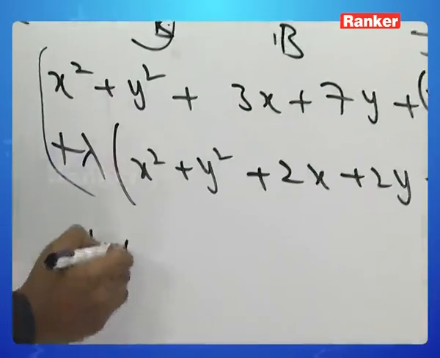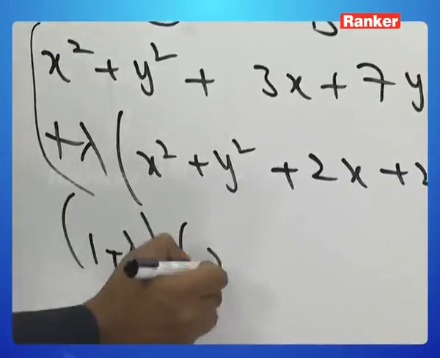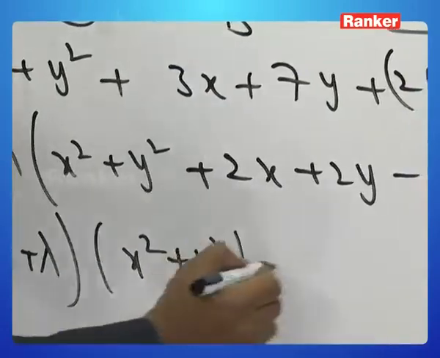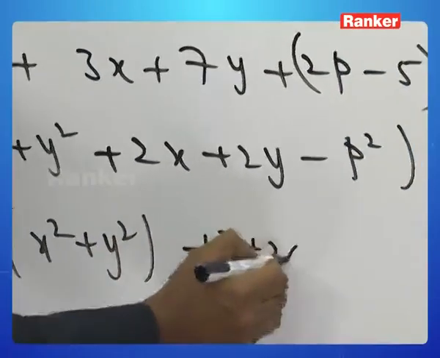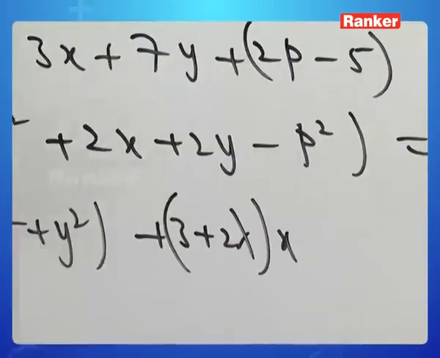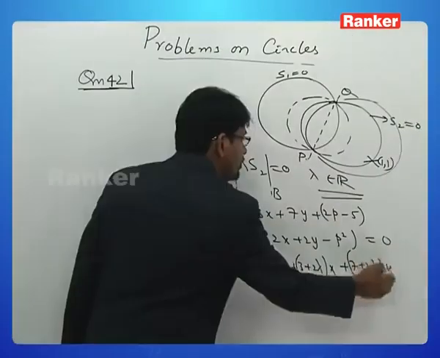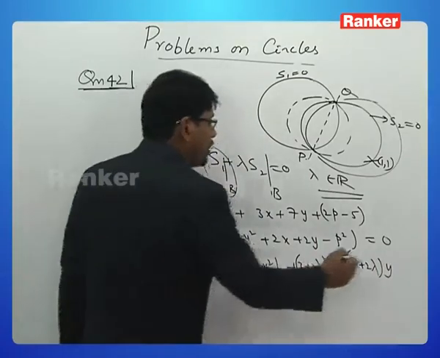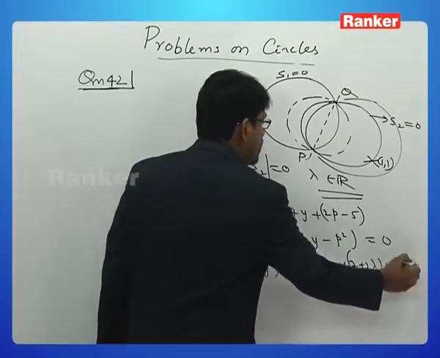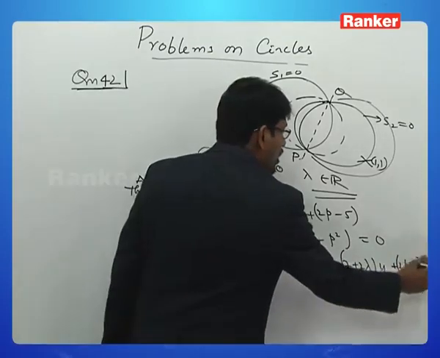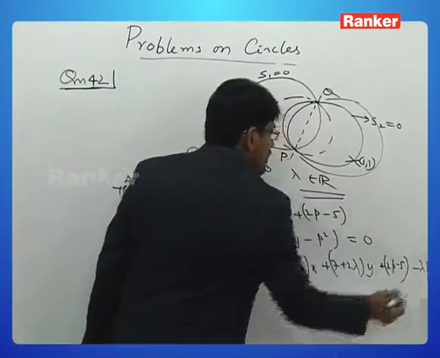This we can write in the form of 1 plus lambda into x square plus y square, and we have 3 plus 2 lambda into x, 7 plus 2 lambda into y, plus 2p minus 5 minus lambda p square equals to 0.